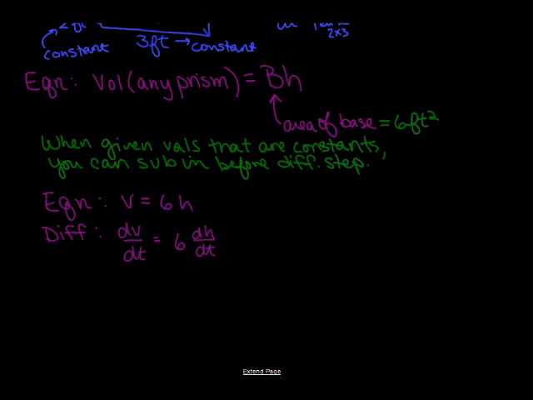Okay, so now if we look, we know what dV/dt is, so we can go ahead and plug that in. That was 3, and we are solving for dh/dt. So solving for dh/dt, we get 1/2, and we're looking at rate of change of height, so our units will be feet over our units of time, which were minutes.